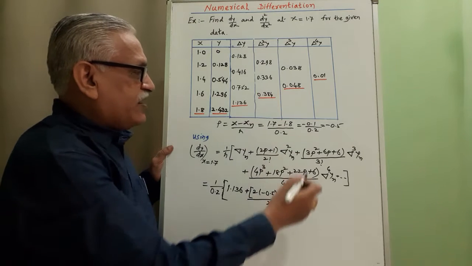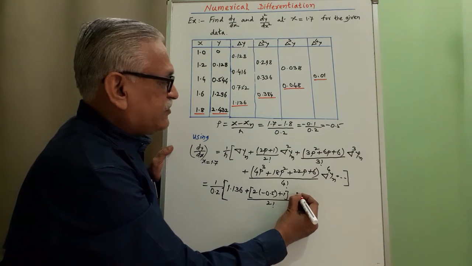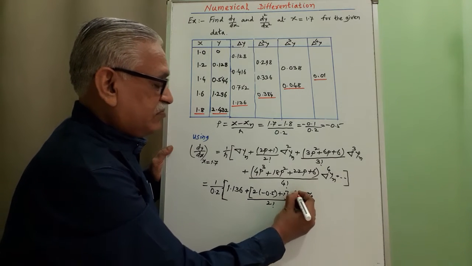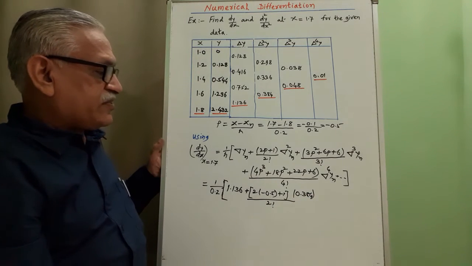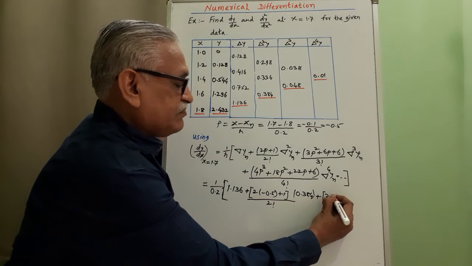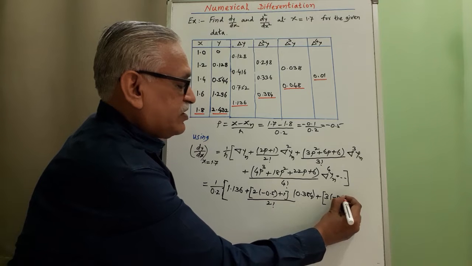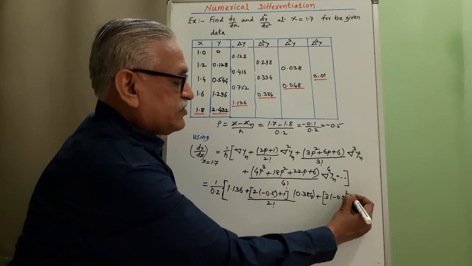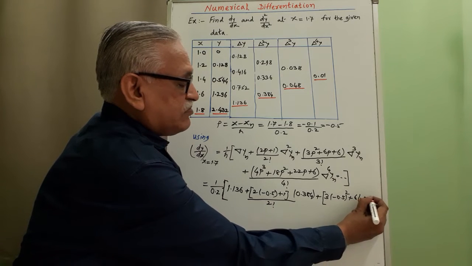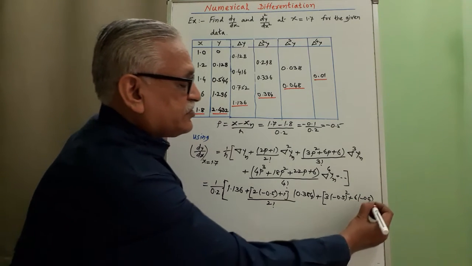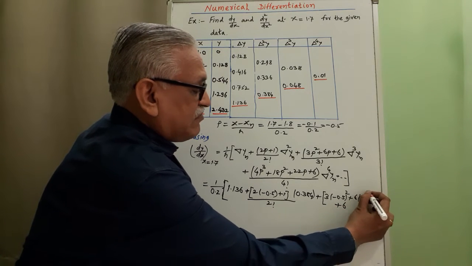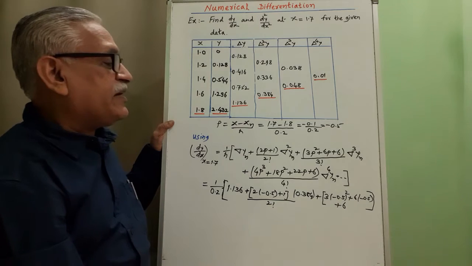The value of del square yn is 0.384. Next, plus 3p square, 3 into minus 0.5 square, plus 6p, 6 into minus 0.5, plus 6, multiplied by del cube yn.